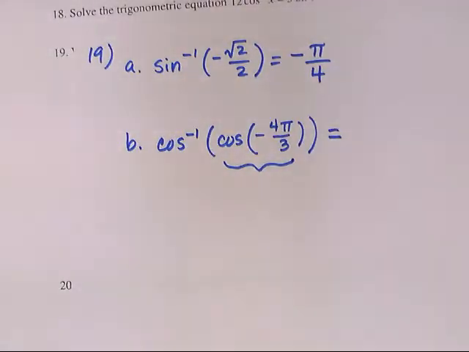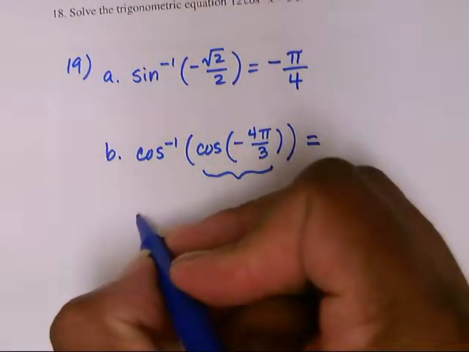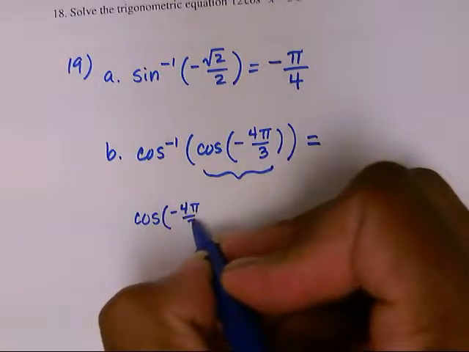So the first thing I need to do here is find what the cosine of negative 4 pi thirds is. I'm going to do this down here: cosine of negative 4 pi thirds.